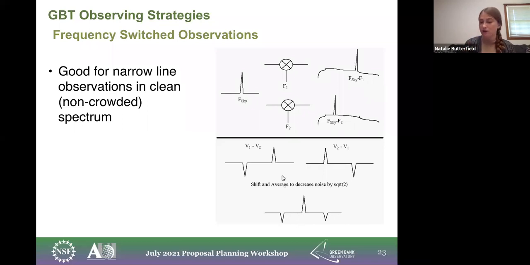So if you have just a single line, frequency switching might be the best route for you. But if you have either broad lines or a forest of lines, then you might want to go with a different observing technique. But anywhere that you see frequency switch, this is what it means: you are switching in frequency and then subtracting those to get your signal.